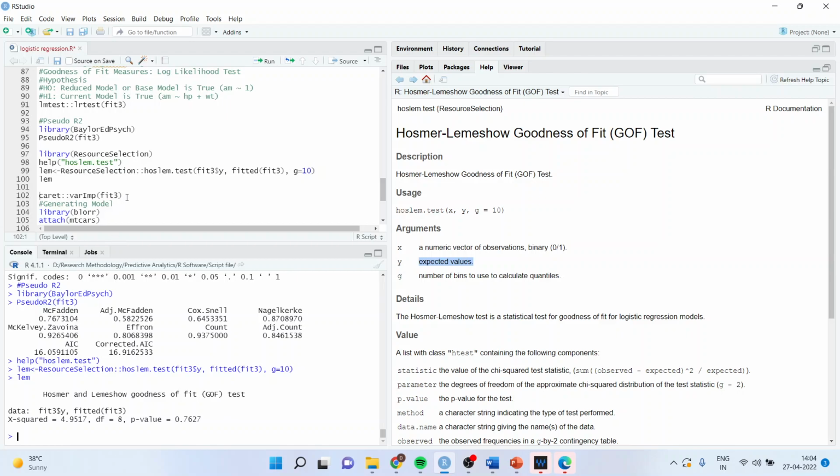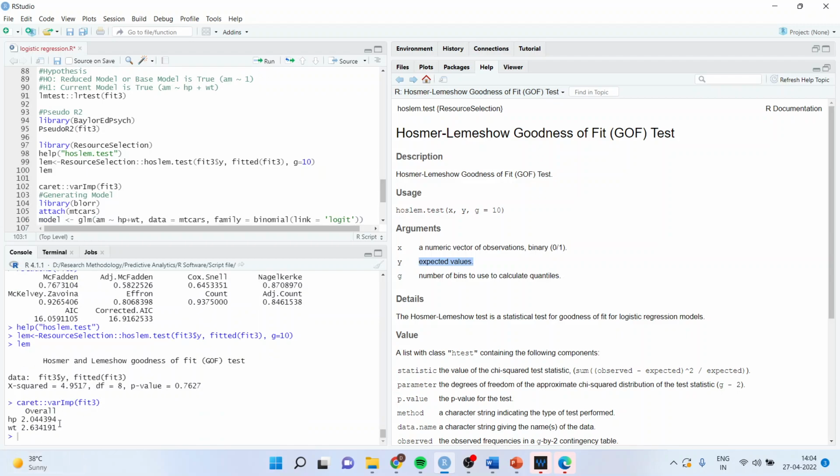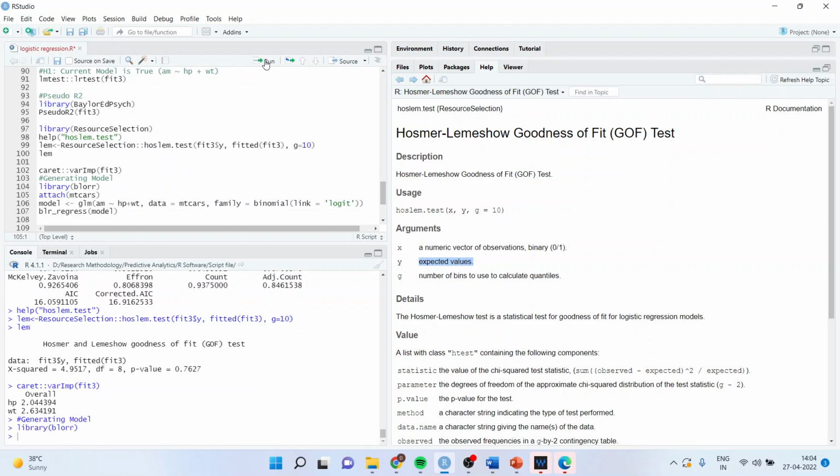We can also find out the variables of importance by using the caret command varImp(fit3), and it tells me that horsepower and weight are the most influencing variables in the model. I can also use the blorr library, and it gives the output in a much more organized format.